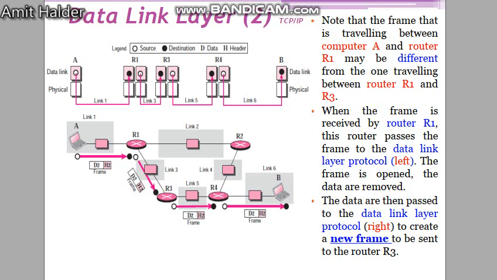The frame is opened and the data removed. The data are then passed to the data link layer protocol to create a new frame to be sent to router R3. So on each and every path, they are encapsulated with a different header and trailer, and that will show which path they came in on and which path they want to go.